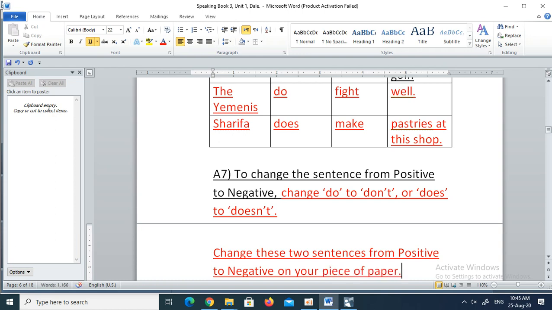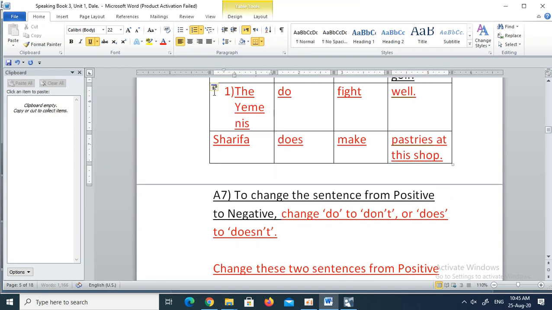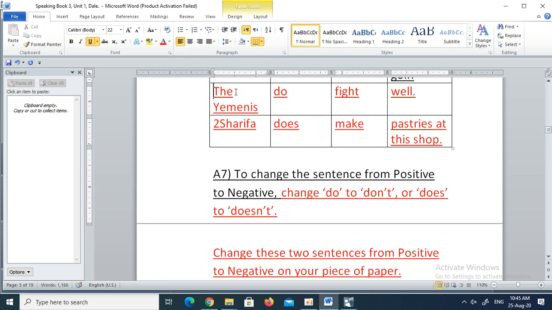On your piece of paper, remember I told you I want you to have a pen and a piece of paper. Write down these two sentences. Number 1, the Yemenis do fight well.